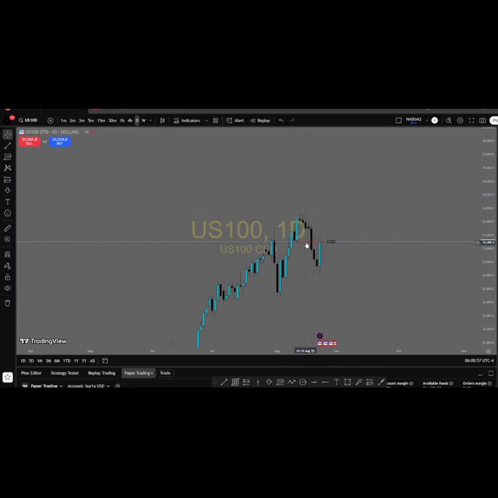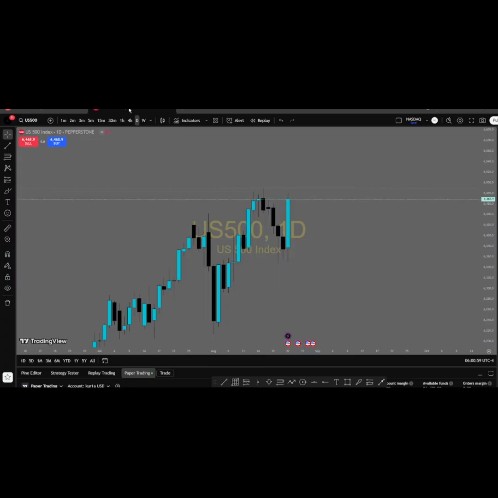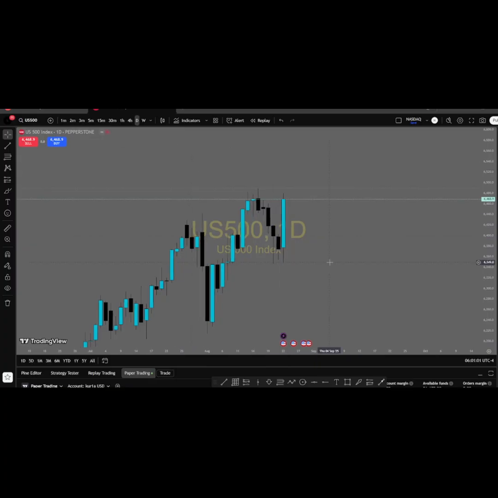But then I noticed a very important difference on US500, right? This is Tuesday's trading. It did not take out its own last set of up close candles. So what does that mean? We do not have a confirmed change in state on US500.